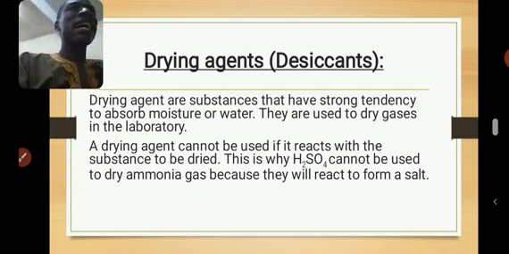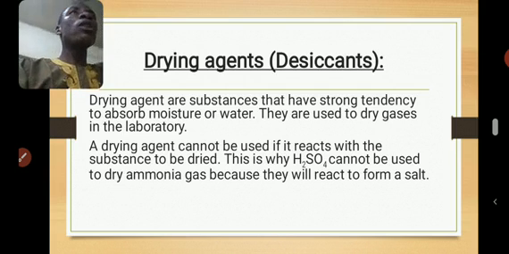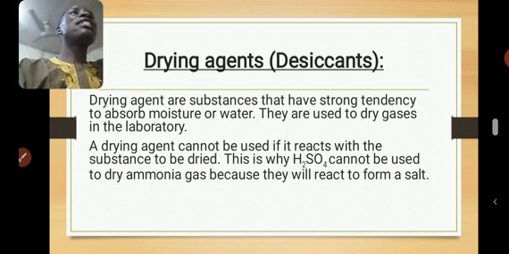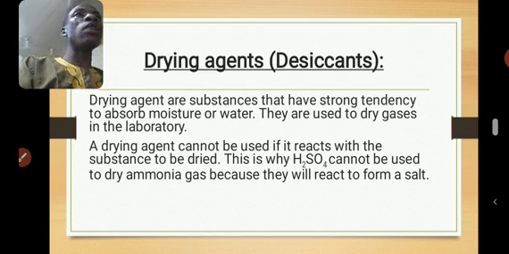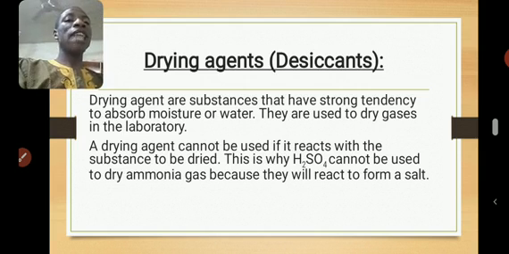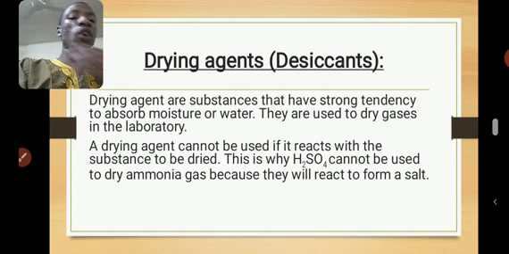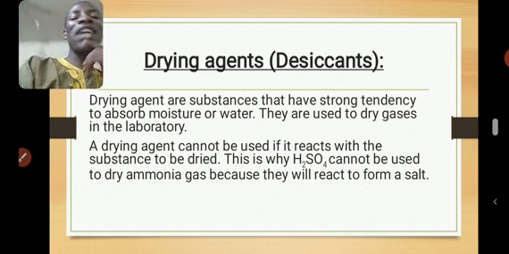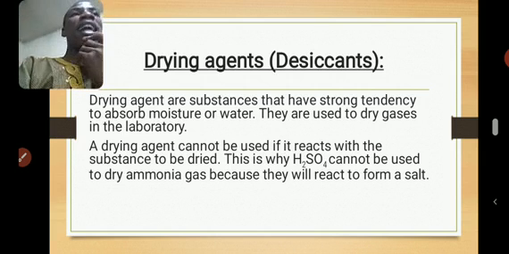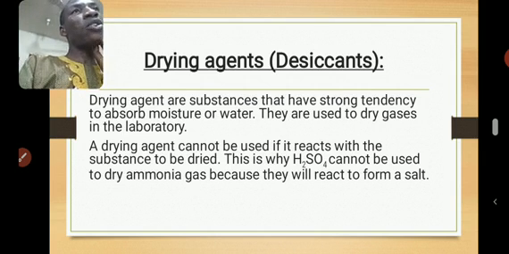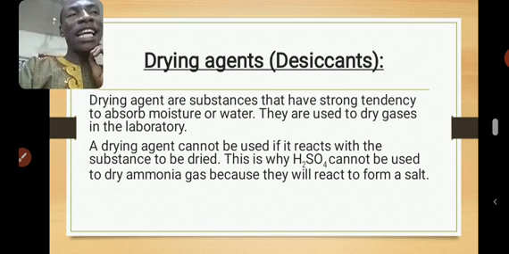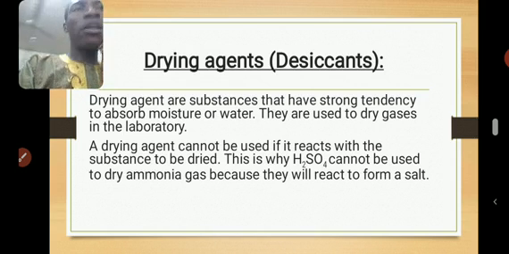But desiccants are used for drying solids that you place inside the desiccator. Themselves, they are solid. You place them in a desiccator, then they will dry any solid inside the desiccator, because they will provide a dry atmosphere in the desiccator.